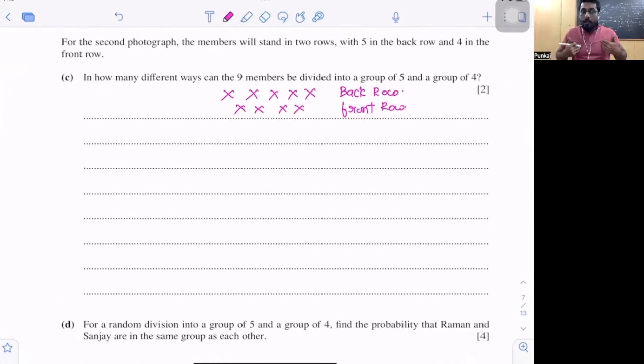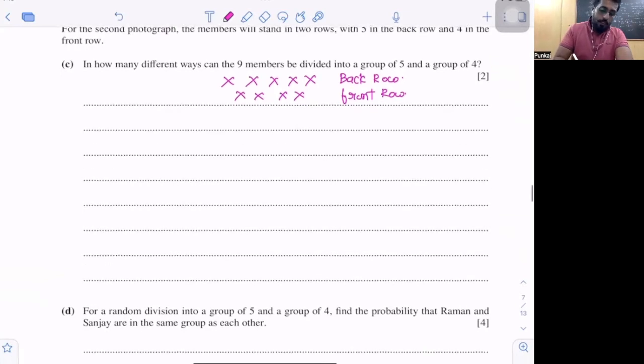But what I'm doing here, I'm just asking the members to get divided into a group of 5 and a group of 4 people. So how do I do this? So I am doing selection, right, students? Out of the 9 members, I first make the first group of 5 people, and then I make the group of 4 people. So I'm just going to do selection here.